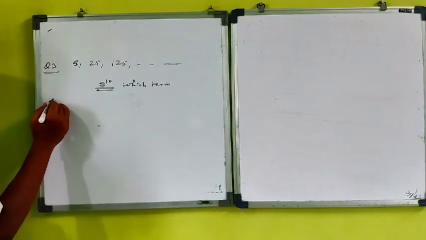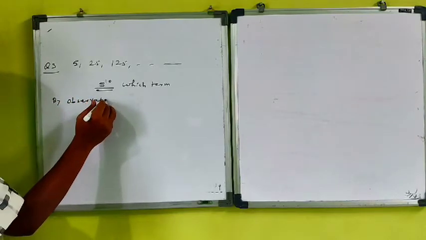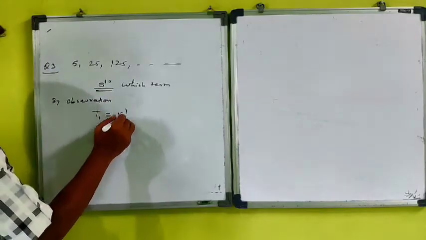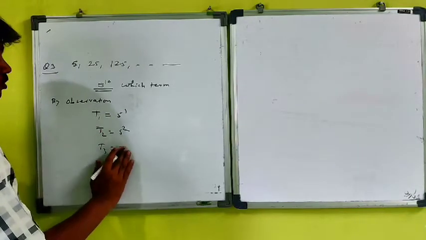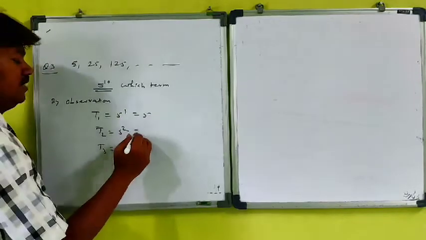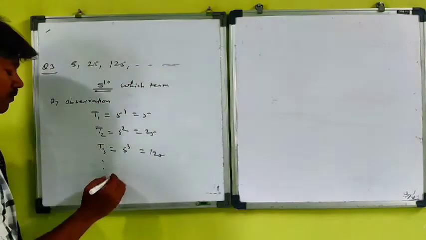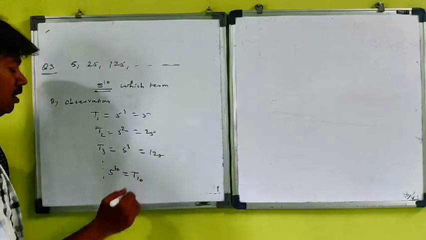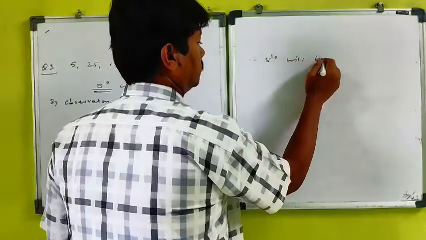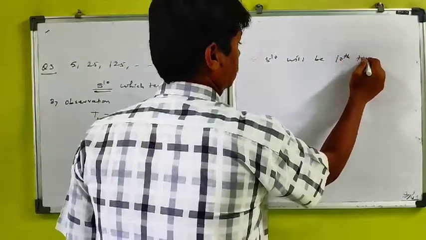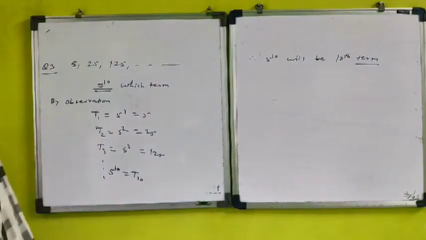In this question 3, by observation, T1 is 5 raised to 1, T2 is 5 raised to 2, T3 is 5 raised to 3, because it's 5, this is 25 and this is 125. Clearly by observation, 5 raised to 10 will be the 10th term. So the answer is very simple, 5 raised to 10 will be the 10th term. That's very easy. There's nothing in this.